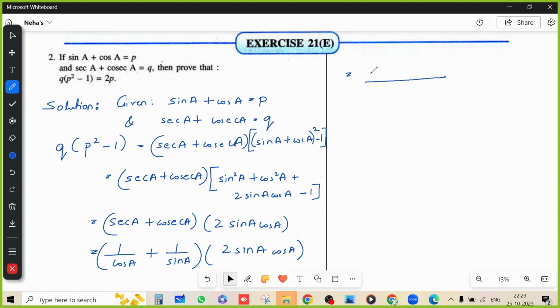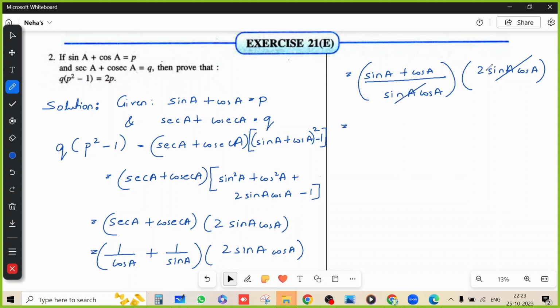Now we will get sin A plus cos A in the numerator here, and the LCM will be sin A cos A, and we have 2 sin A cos A in the second bracket. So sin A cos A will get cancelled out.